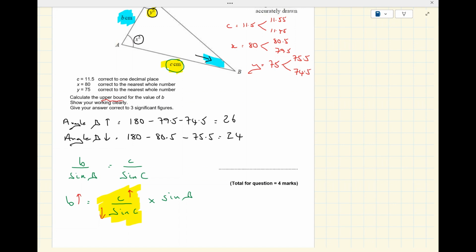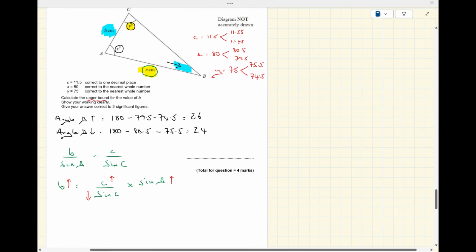And then I would want to multiply that fraction by the largest possible sine of B.